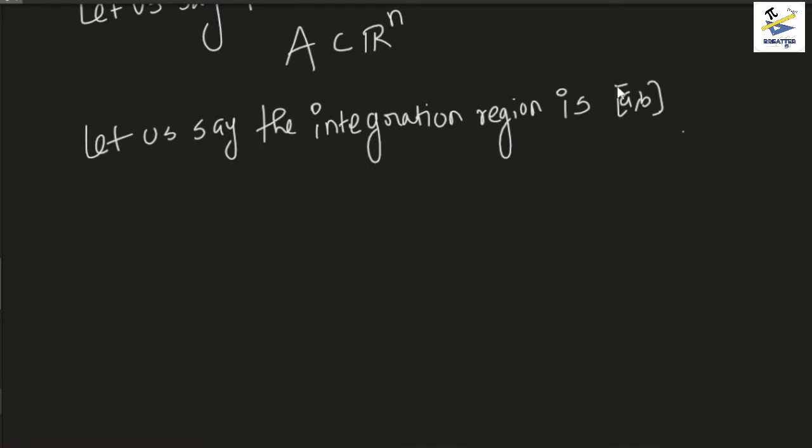So let's say this is the integration region. Then the partition P of the closed interval a b would be defined something like this.